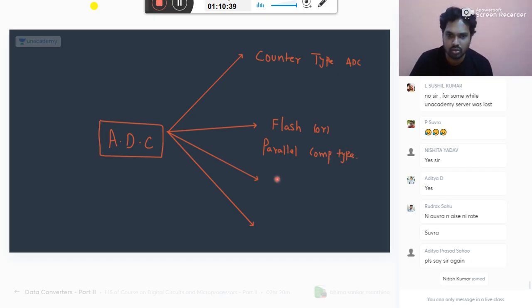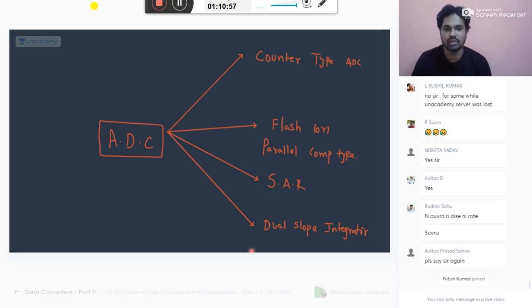The next one is successive approximation. And the last one, according to our GATE, dual slope integrator.